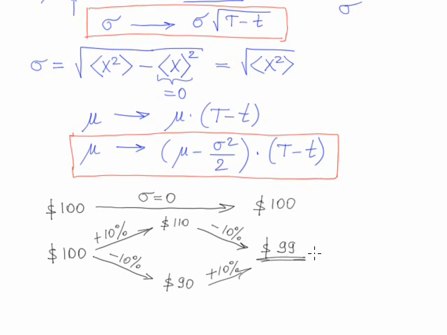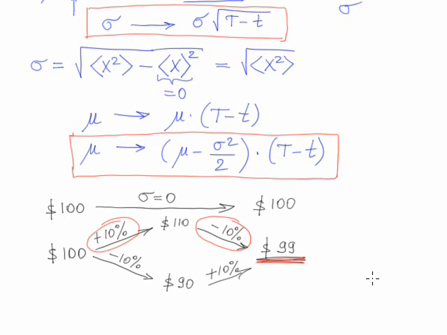So the simple fact that we have volatility, the very fact that the stock price goes up and down, suppresses our return on the investment.